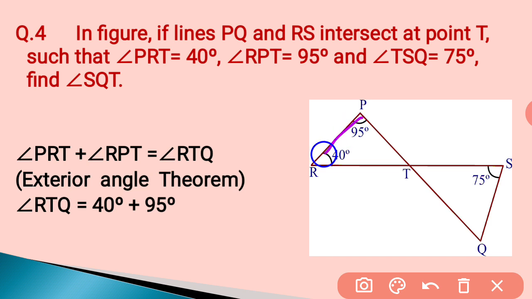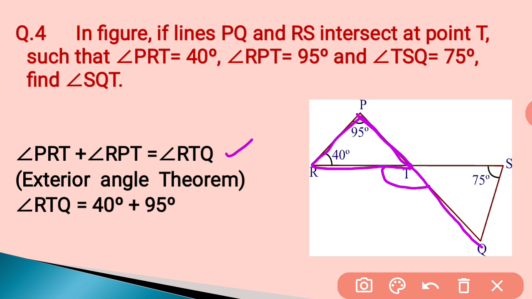We can think of triangle PRT and let us extend PT so that angle RTQ becomes exterior angle. In that case, the exterior angle RTQ can be written as angle PRT plus angle RPT. We know the value of both the angles.